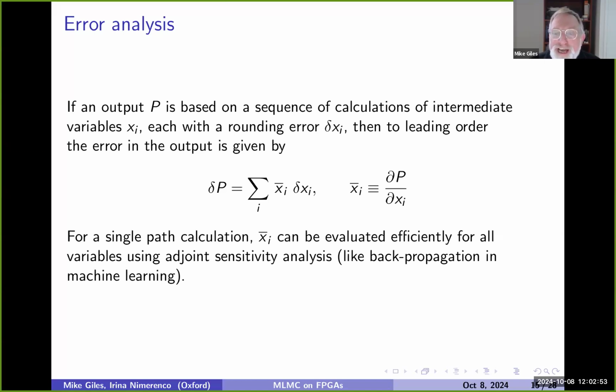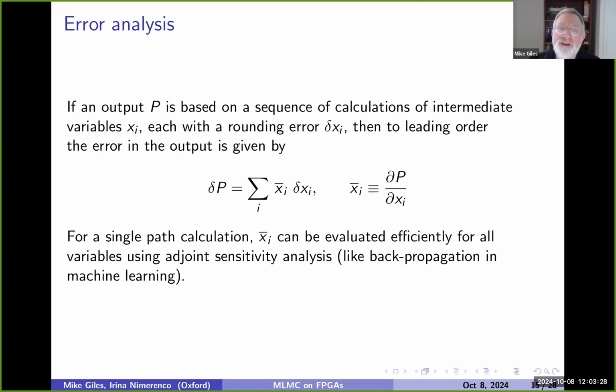Okay, and I'm using the notation that's standard in the automatic differentiation community, so using x bar to represent this dp dx. Okay, and so we can evaluate these sensitivities of the final output to errors in each of the intermediate variables by doing adjoint sensitivity analysis. So just like backpropagation in machine learning, just like doing adjoints for computing Greeks in computational finance.